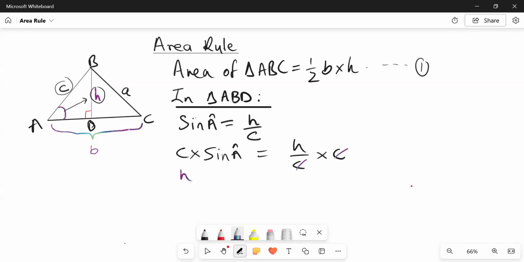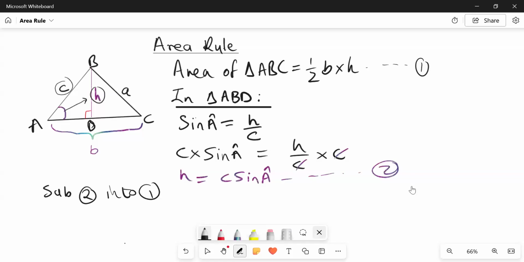And you'll be left with something like this. So let's label this as our equation 2. And from our equation 2, now we can substitute equation 2 into equation 1.